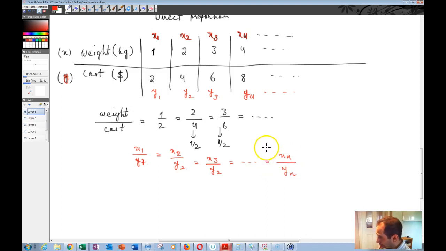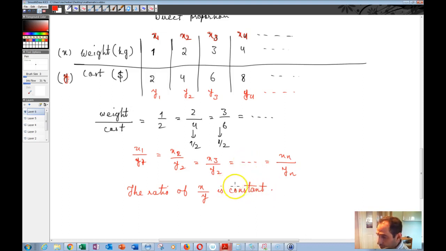And so you can say that the ratio of x to y is constant, does not change.